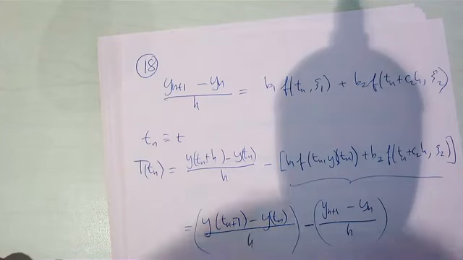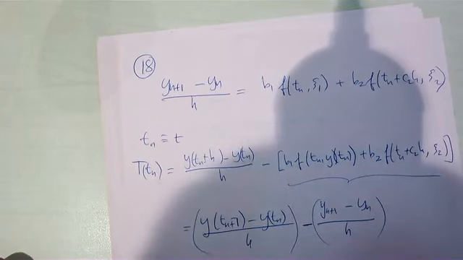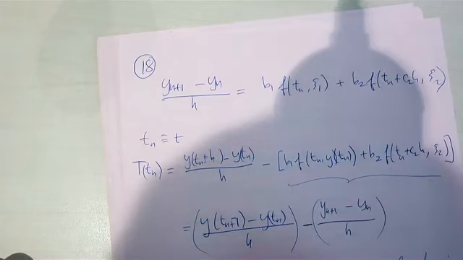So this is your numerical derivative as h goes to 0, and this is the exact y prime as h goes to 0.